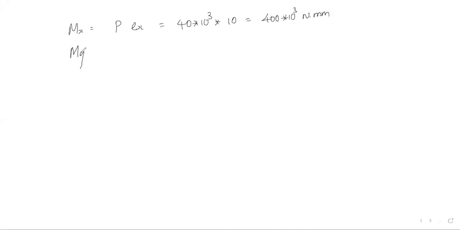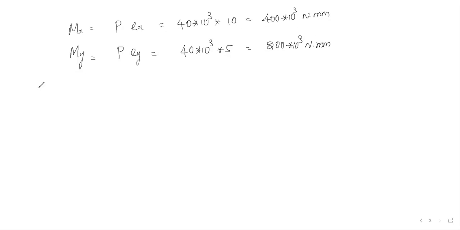Similarly, moment about y-axis, that is P into Ey, is equal to 40 into 10 cube into 5. So 200 into 10 cube Newton mm. So this is the value of moment about y-axis and moment about x-axis.